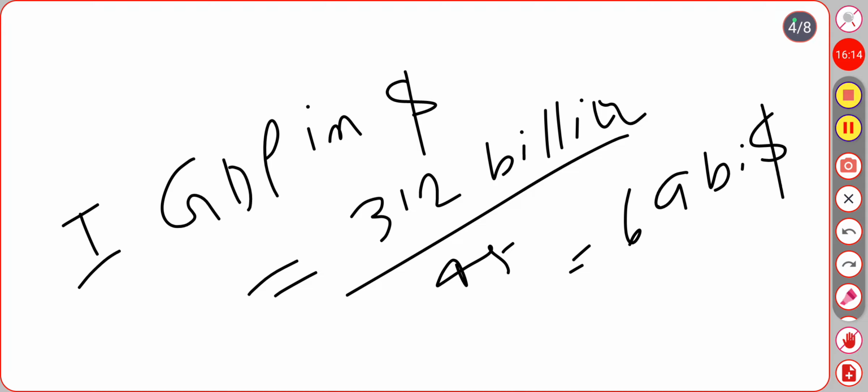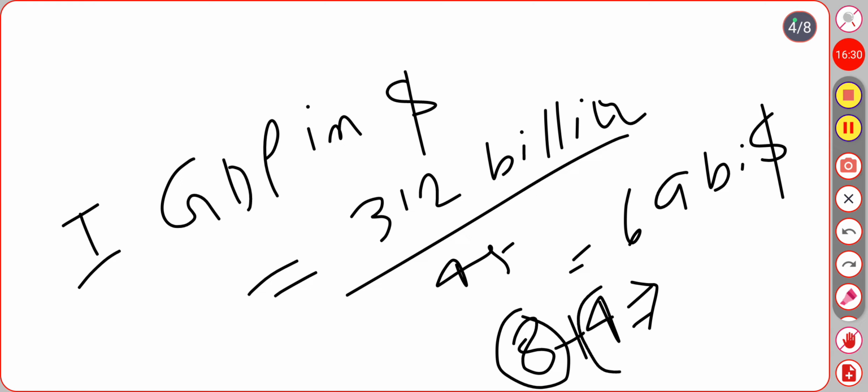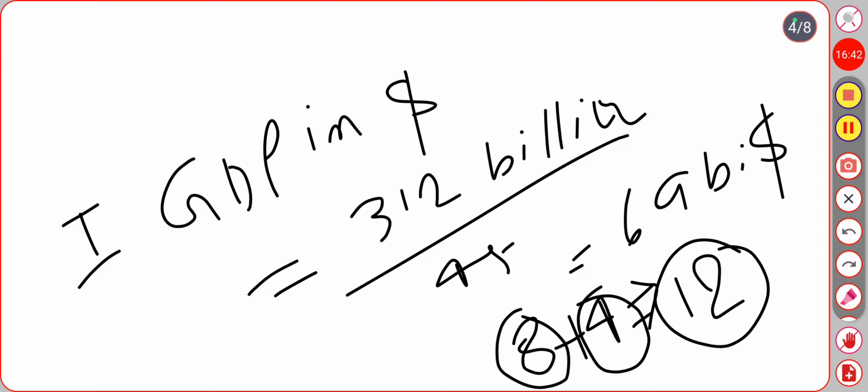So we can say that if we buy 8 plus 4 quantity, anything can be bought from the shop. 8 is the traded commodity and 4 is non-traded. 8 is a quantity and 4 is also a quantity, that is 12 commodities we purchase in total for 312 billion rupees.